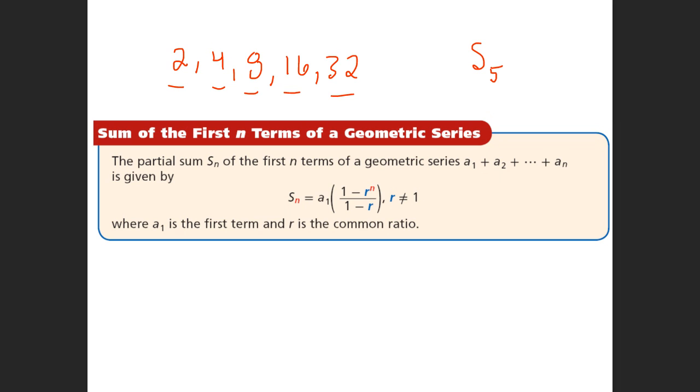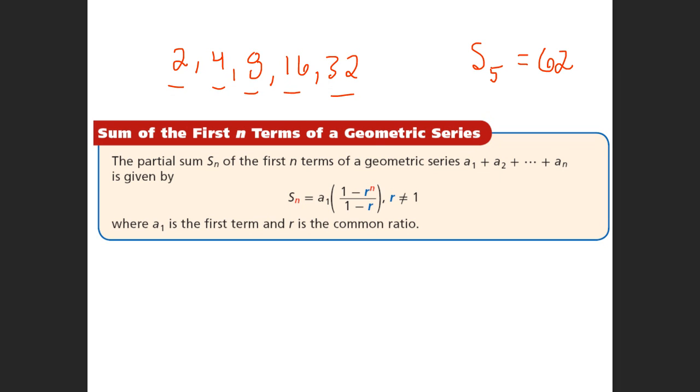If I added that all up in my calculator, 2 plus 4 plus 8 plus 16 plus 32, we would end up with 62. So S of 5, the sum of the first 5 terms, is 62.